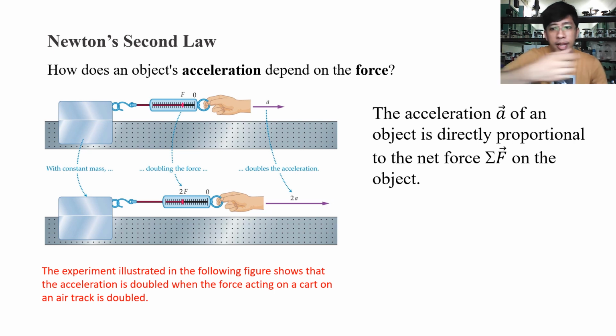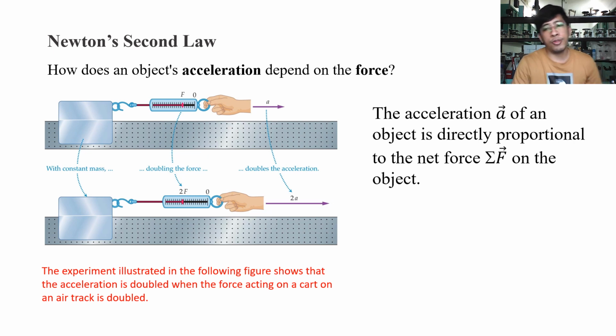But if you apply a greater force, you'd observe that your mass will move faster. So in here, the acceleration of an object is directly proportional to the net force on the object. So the greater the force that you apply on your mass or on your body, the greater is its acceleration.